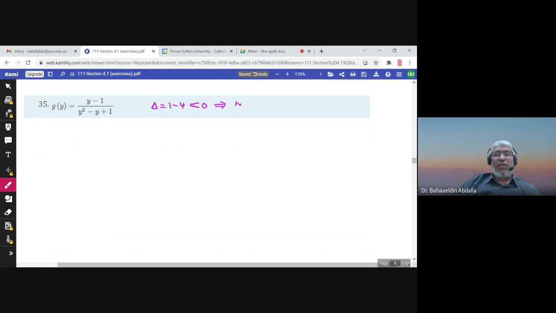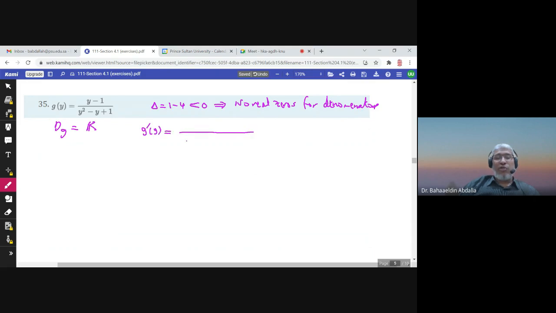So no real zeros, no real zeros for the denominator. And this means that the domain of G will be the set of all real numbers. Now let us find G prime.